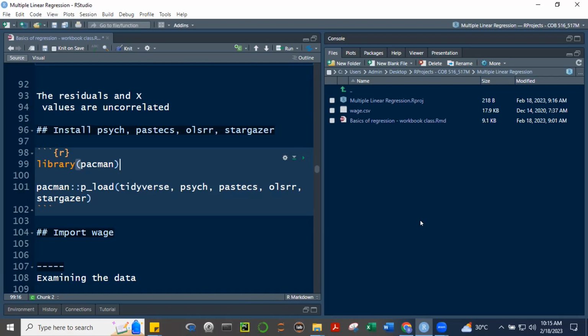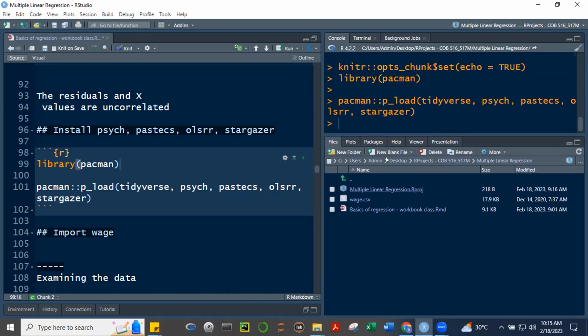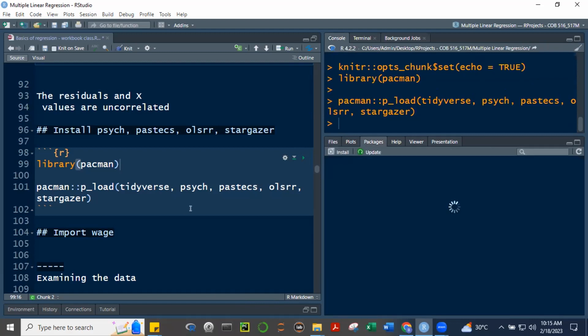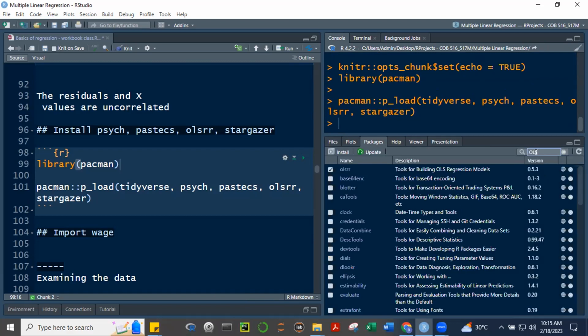And then, if we want to check kung na-load na nga ba, tingnan natin tong packages dito. I'm going to check, for example, OLSRR. Ayan. Naka-check na yung OLSRR ko. Which means, na-load na siya, na-install na siya, because it's here. And then, na-require na rin siya, na-load na rin siya, yung library.